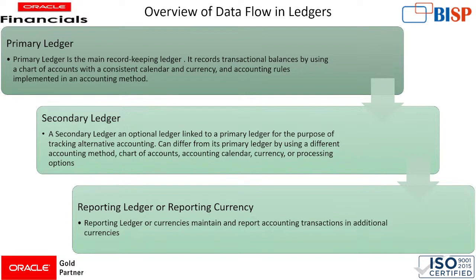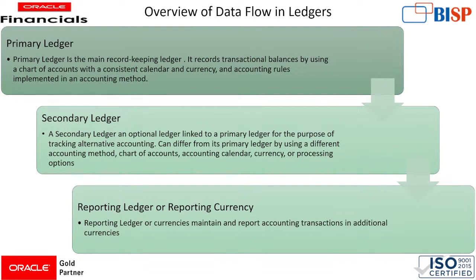The primary ledger is the main recording ledger. It records transaction balances using the chart of accounts with a consistent ledger calendar, currency, and accounting rules implemented in an accounting method.